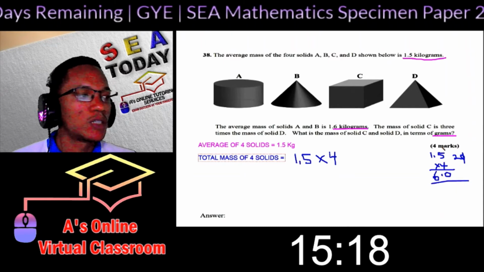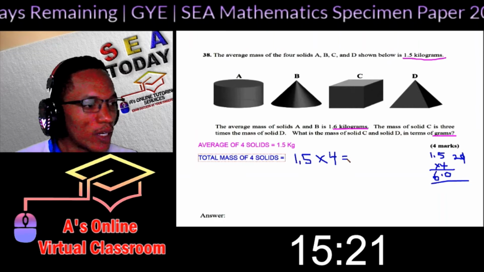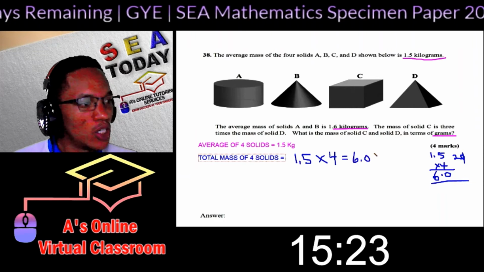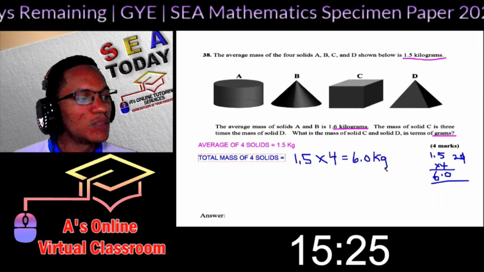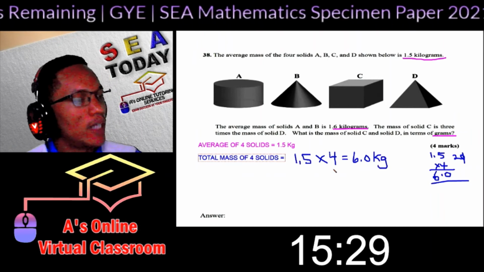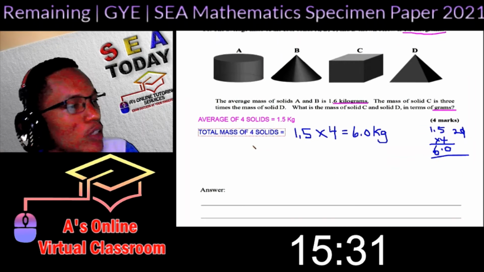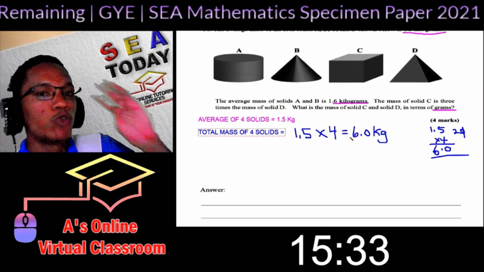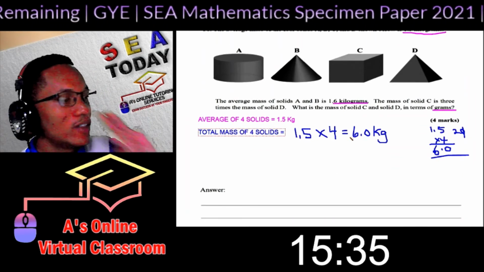So we end up with 6.0 kg. Our answer has to be in grams, but we're working in kg for now. We could convert at the end if we like. So this is the total mass of all 4 solids.